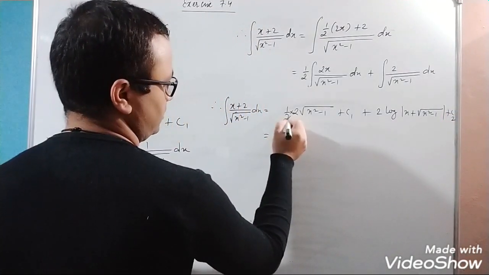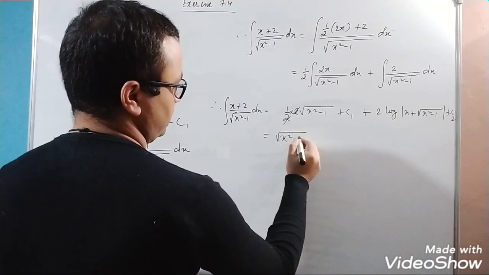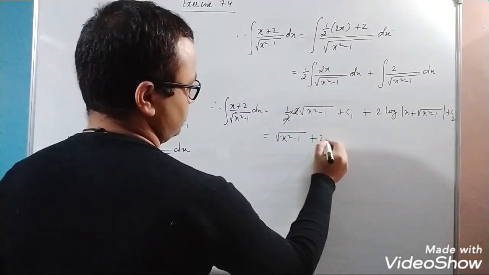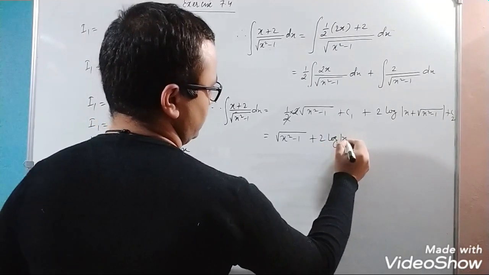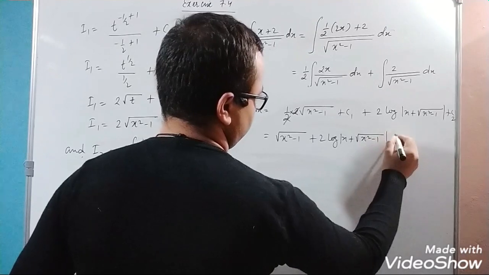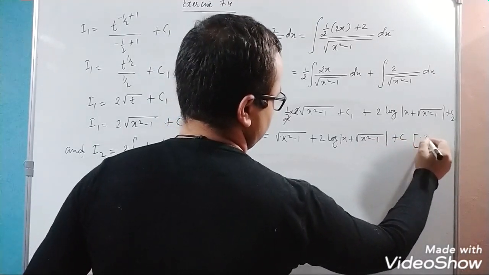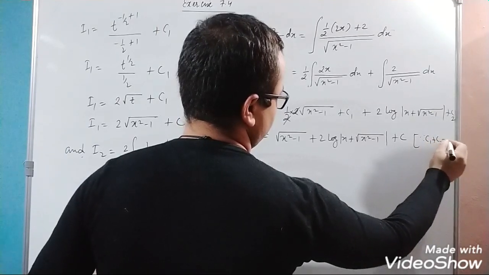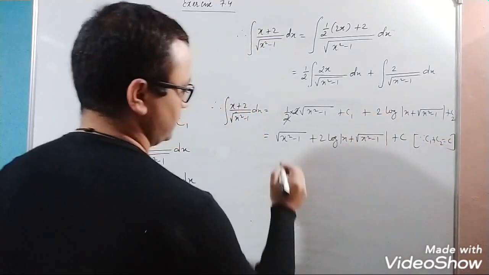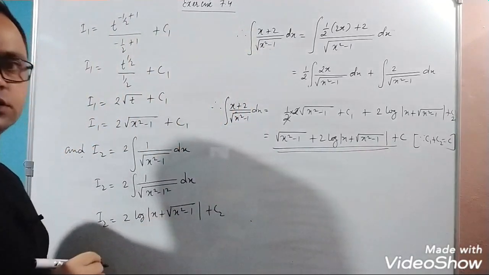This equals root under x square minus 1 plus 2 log of x plus root under x square minus 1 plus c, since c1 plus c2 equals c only. Now this is the solution of question number 17.